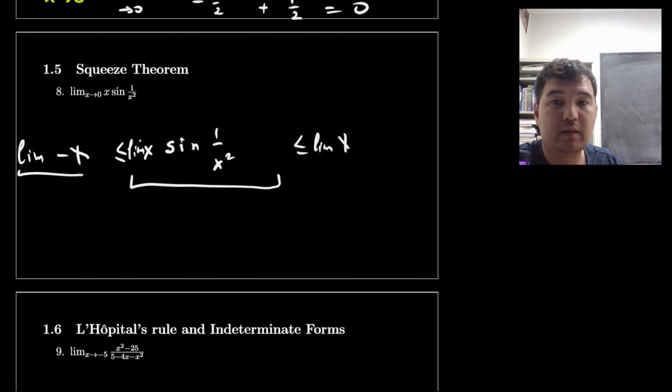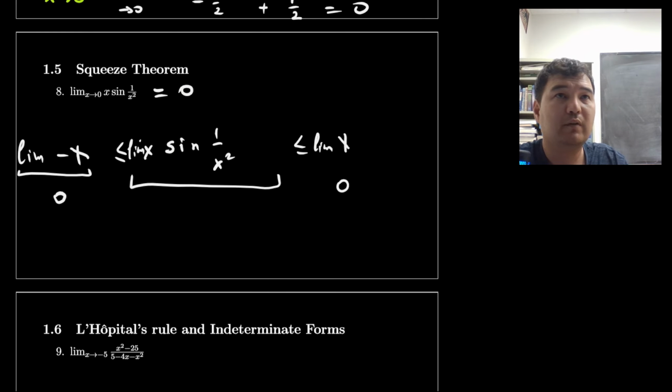In this case, as x goes to 0, negative x will go to 0, and x will also go to 0. So our function is between 0 and 0. That means the limit of our function is also 0.